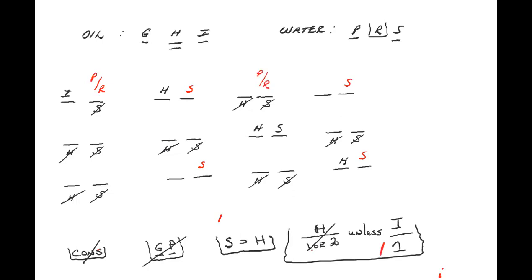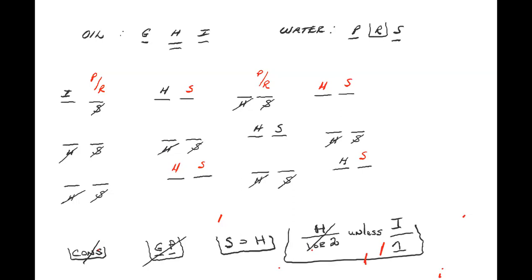Okay. Now, again, I know wherever I have the S, I've got to get the H. All right, so the H is coming in here. The H is coming in here. And now I'm looking here at what's available to me. And it's with the H, and the I, in terms of the oils, right?